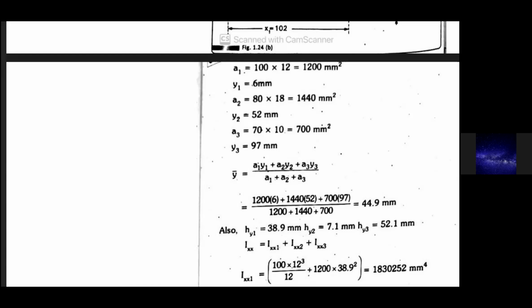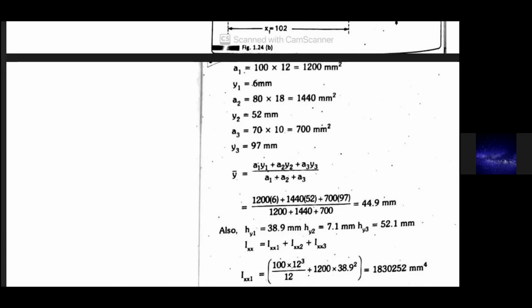And next you have to find the distance between the centroid of each and every part and the centroid of the composite section. That is hy1 is equal to the difference between y bar and y1, hy2 is the difference between y bar and y2, and hy3 is the difference between y bar and y3.